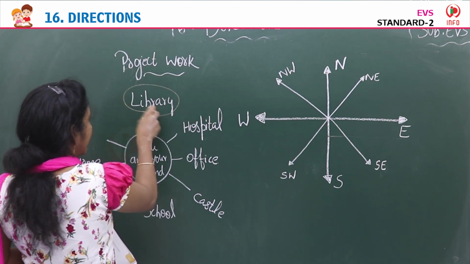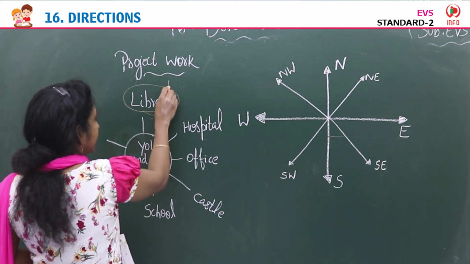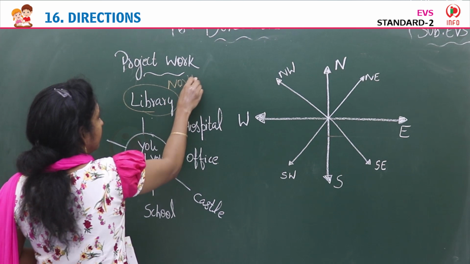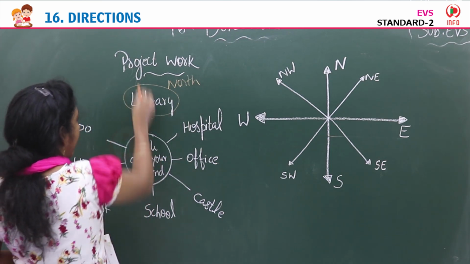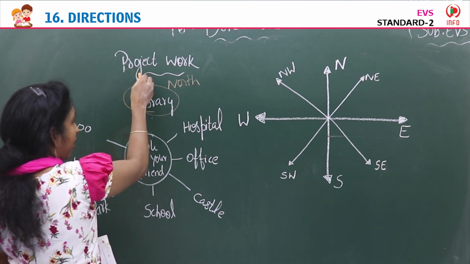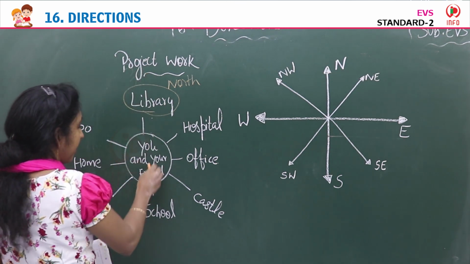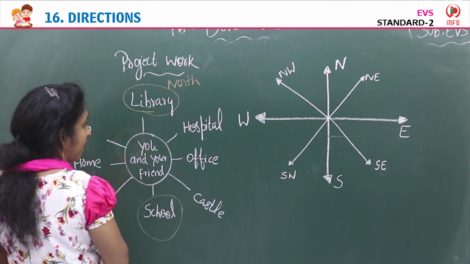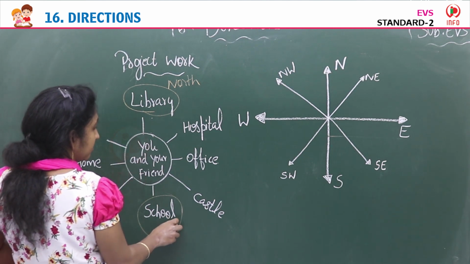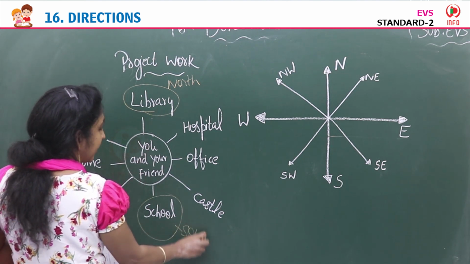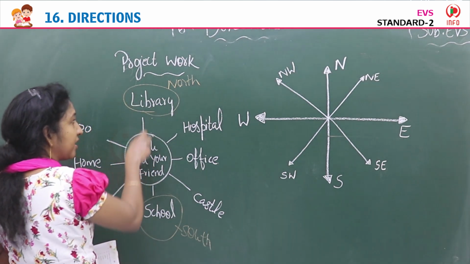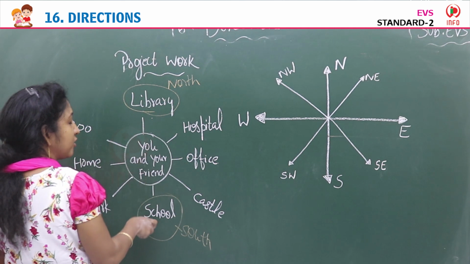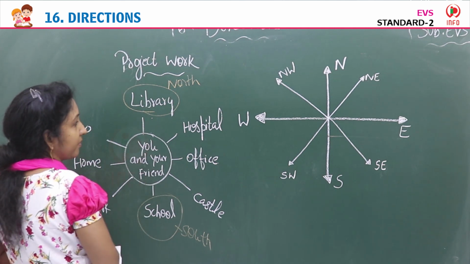First, see the north part, upper portion. Here in the north you can see the library. Your top is north, that's the library, and straight down is the school. Means in the south direction you can see the school. So north of you and your friend is the library, south of you and your friend is the school.